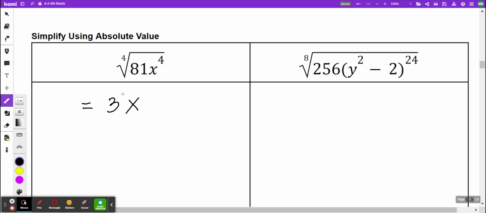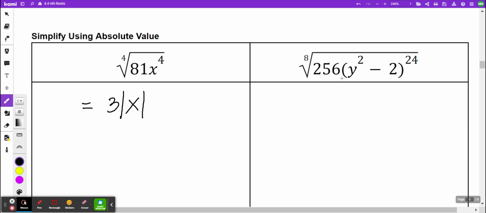We have to say this is an even root, and it has an even power right here. So it's going to be the absolute value of that. So our answer, our root right here, is going to be 3 times the absolute value of x. So no matter if we put a positive or negative, it's going to make it positive.